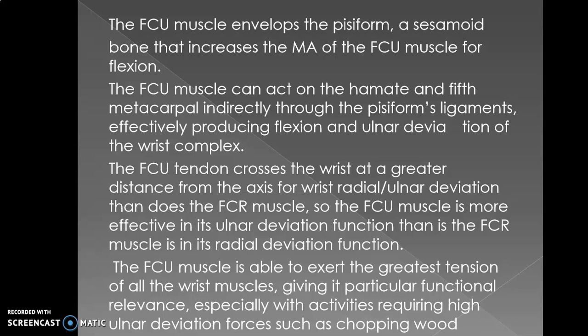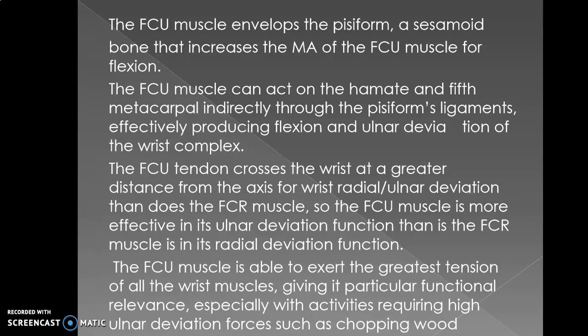Because of the ligaments attached from the pisiform to the hamate and the fifth metacarpal, when the muscle contracts, it can do flexion. Along with that, it can do ulnar deviation of the wrist complex.